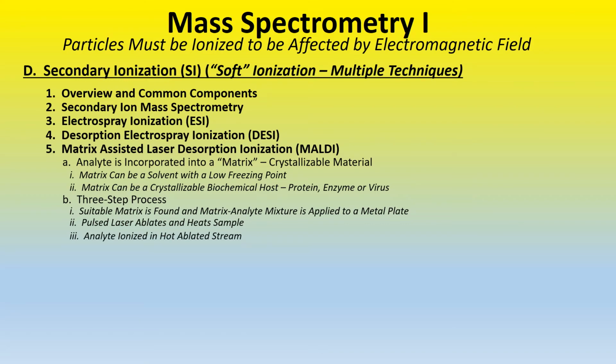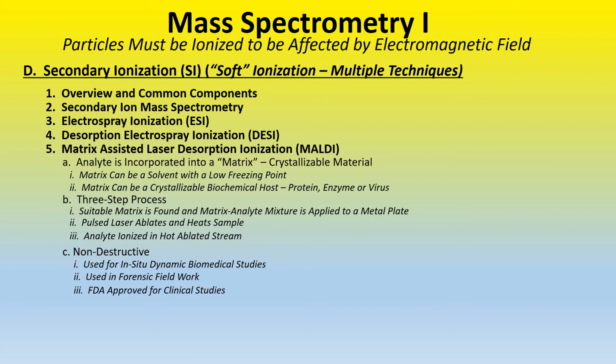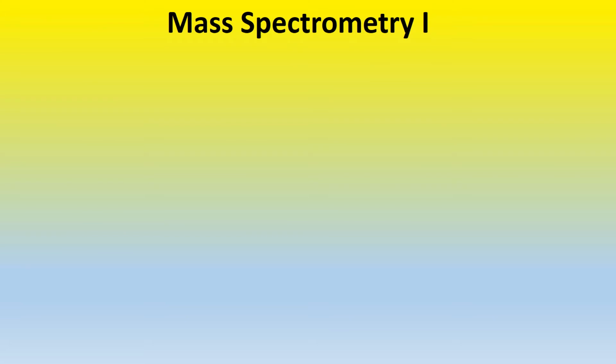So the analyte is ionized in the hot stream of material heading towards the detector. Once again, this is soft ionization and is non-destructive. Your molecules do not fragment, so it is useful for in situ biomedical studies, forensic work, and is also FDA approved for clinical studies. So there are multiple ways of ionizing a sample.